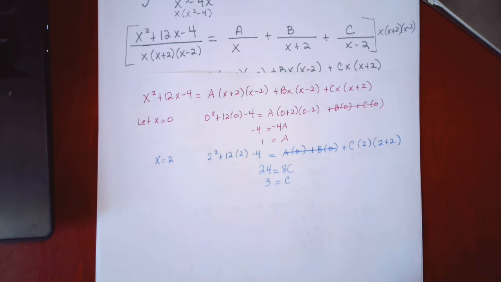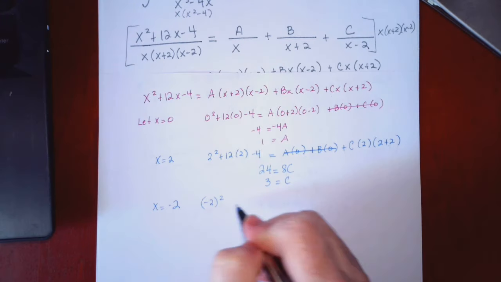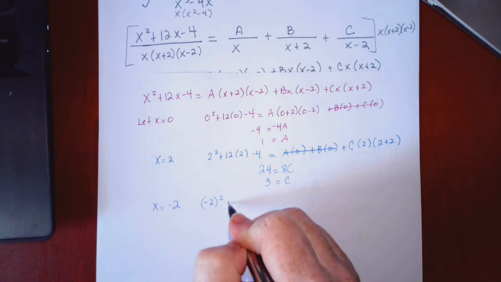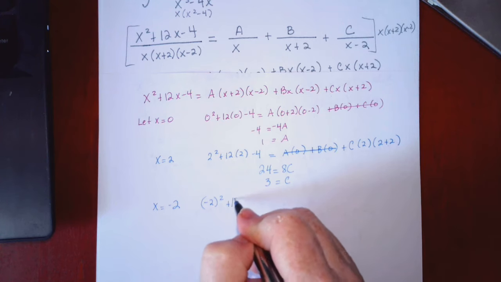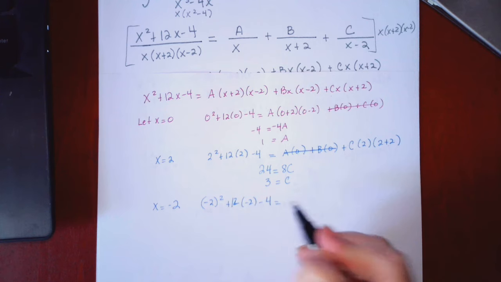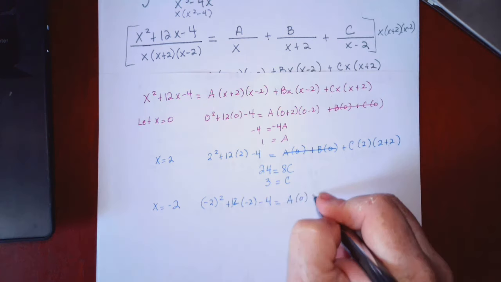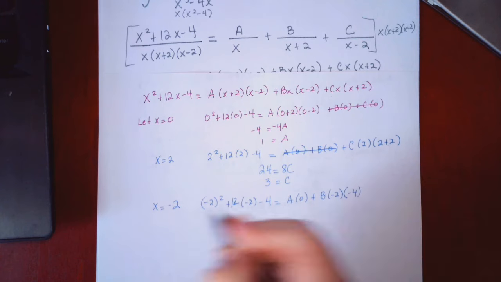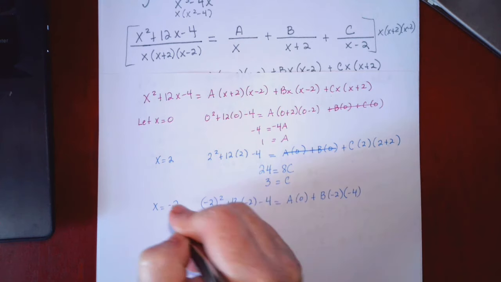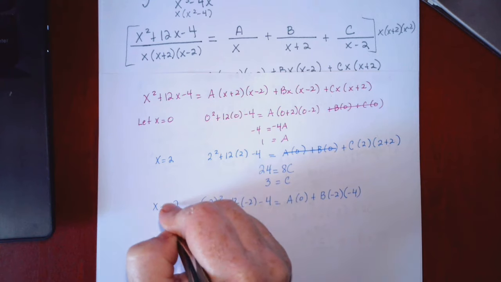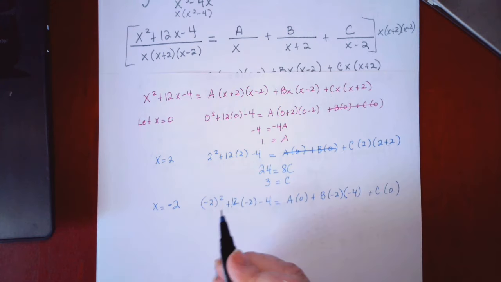And the last smart choice for X would be negative 2, because it makes the other factor go to 0. We plug in X equals negative 2, we would have negative 2 squared plus 12 times negative 2 minus 4 is equal to A times 0 plus B times negative 2 times negative 4 plus C times 0.